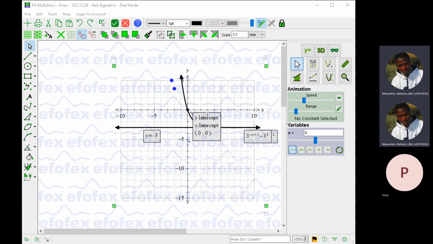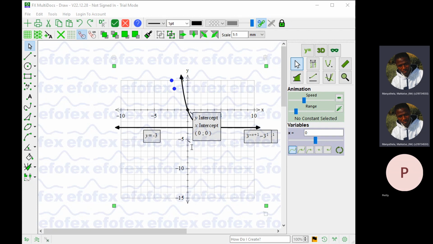So if we have something like this, 3 to the exponent negative x plus 1, we can write it as log base 3, or log of negative x plus 1 to base 3, equal to log 8.